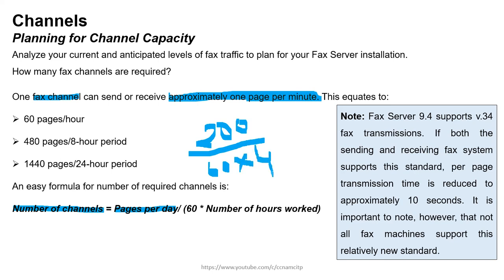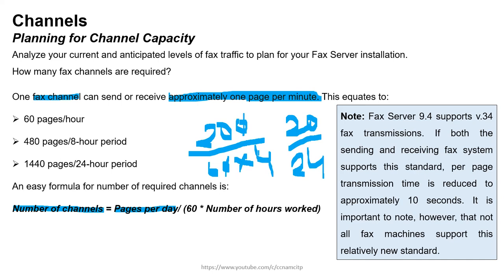This should be your calculation for how many channels you require. So here again 20 by 24 should be there, because I can connect this and cancel this. Now you can calculate it. I hope you understood what I'm talking about.